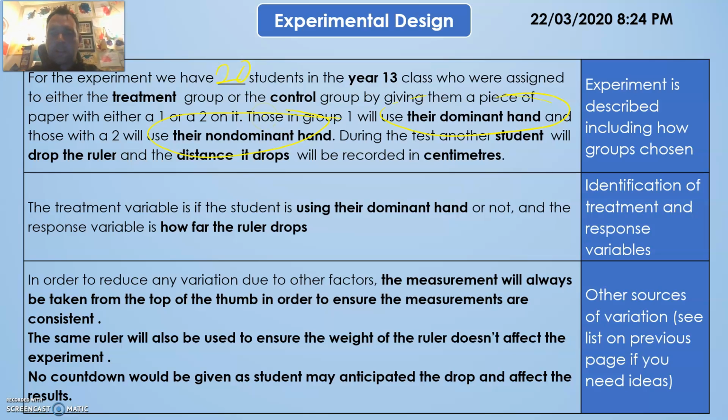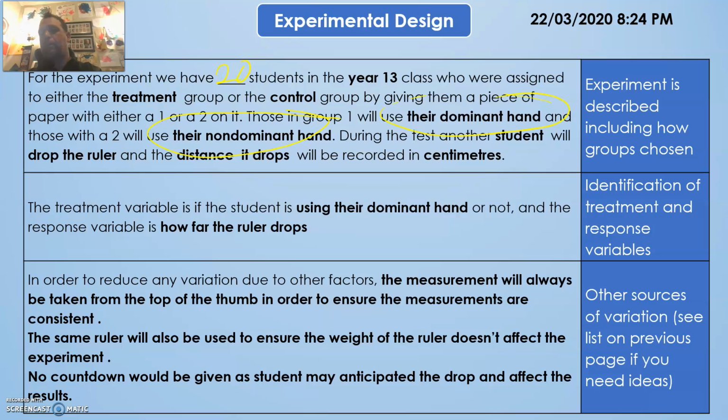During the test, another student will drop the ruler, and the distance it drops will be recorded in centimeters. So it's pretty much exactly the same as experiment 1, except we've changed the treatment and also some details about the response variable. Okay, the treatment variable is if the student is using their dominant hand or not, and the response variable is how far the ruler drops.